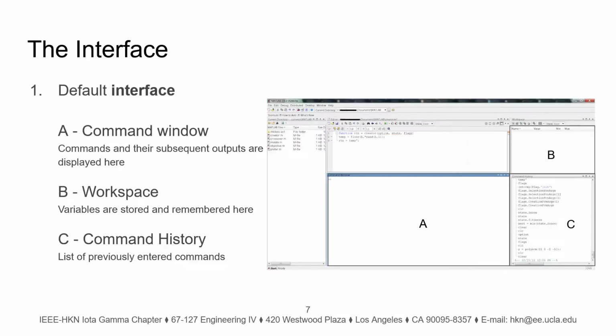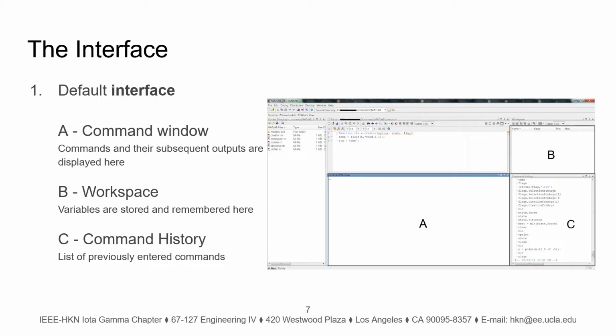Now that you've installed MATLAB, let's start off with the basic interface. Please keep MATLAB open for the duration of this workshop. It is strongly advised that you use it to follow along and pause the video as you need.